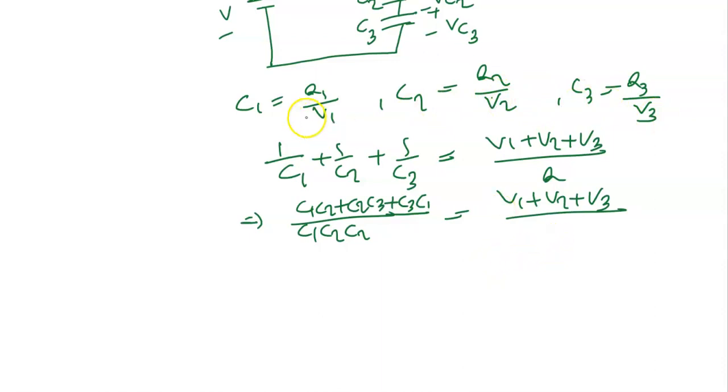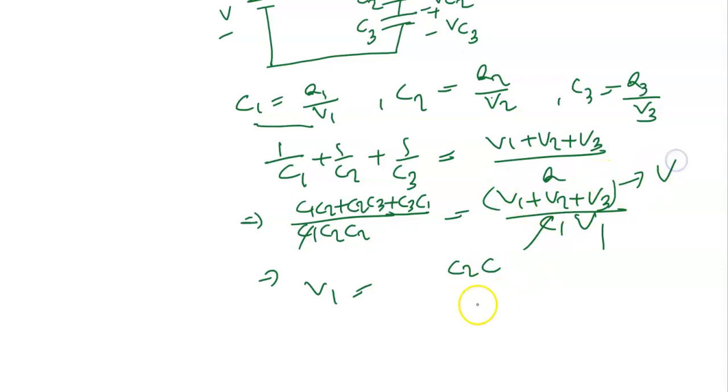For the first case I want to find V1, so C1 V1, C1 C1 cancel, which implies your V1 is equal to C2 C3 upon C1 C2 plus C2 C3 plus C3 C1, and this V is your applied voltage.